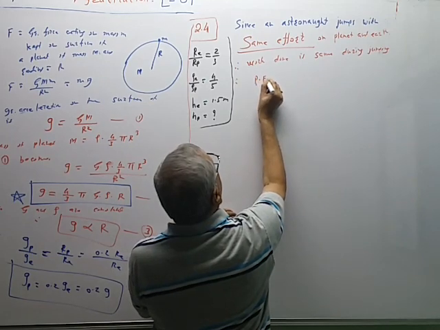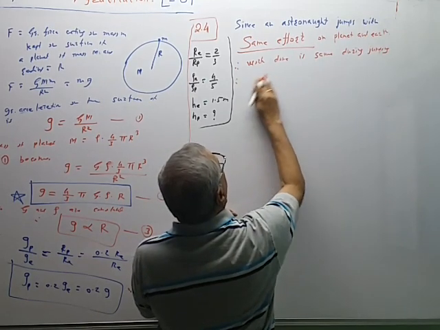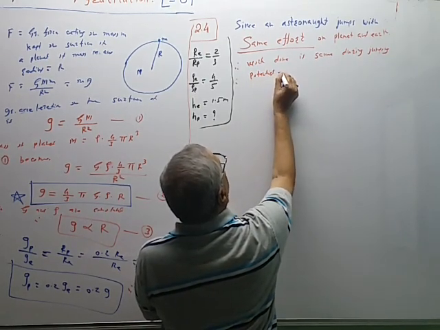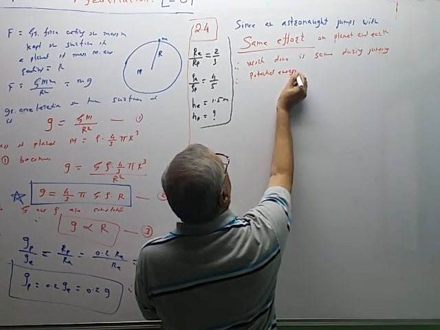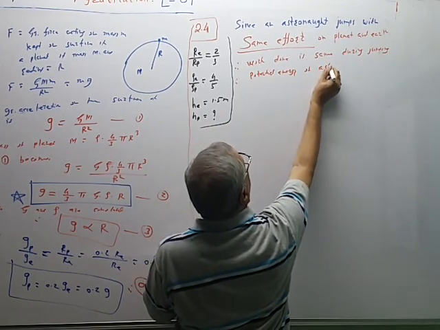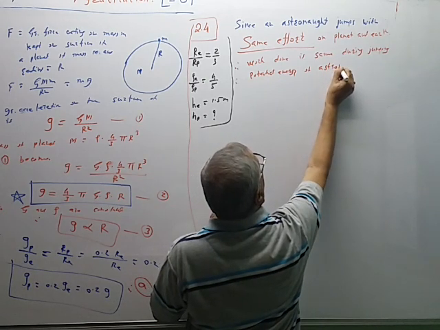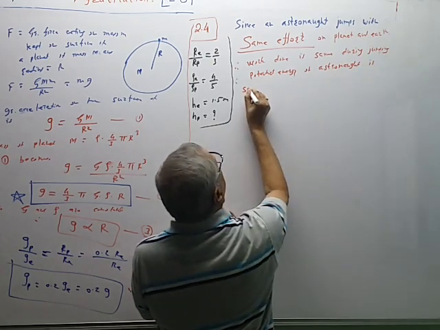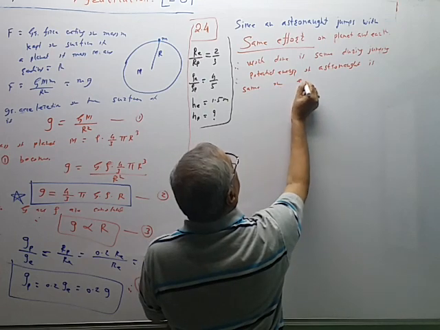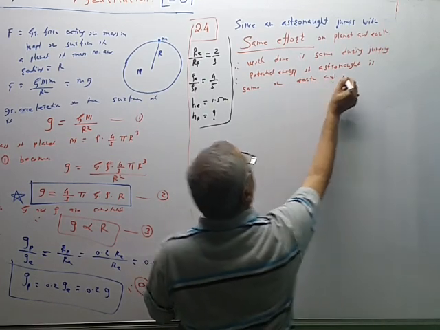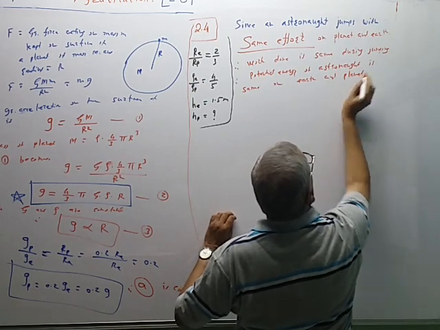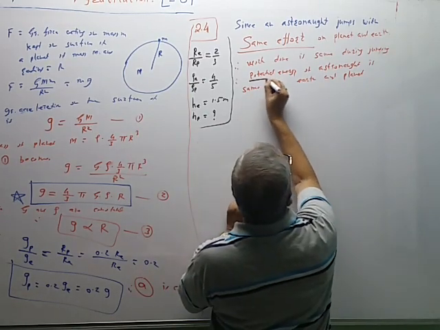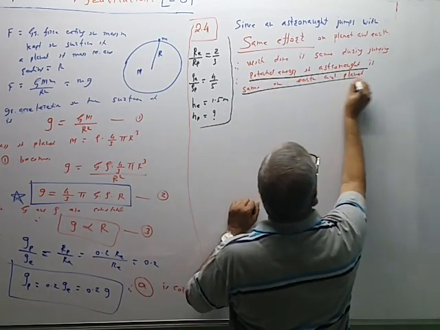Therefore, potential energy of the astronaut is the same on Earth and planet. This point is important. Potential energy of the astronaut is the same.